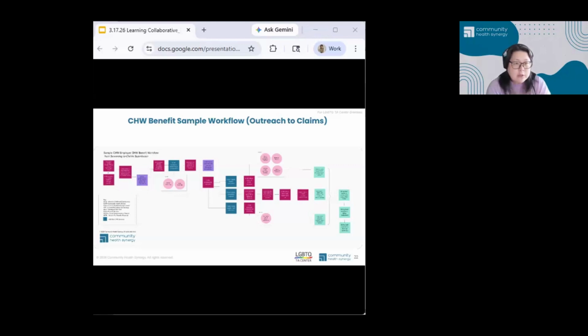What kind of navigation support does Ms. Martinez need? Maybe referrals to other providers, like a trans-affirming behavioral health care provider. Does she need you to accompany her to a doctor's appointment for added support? So again, we'll dive deep into all of these billable services. But this gives you a preview of the complete workflow from outreach all the way through to billing.